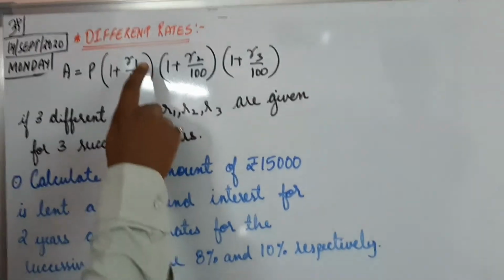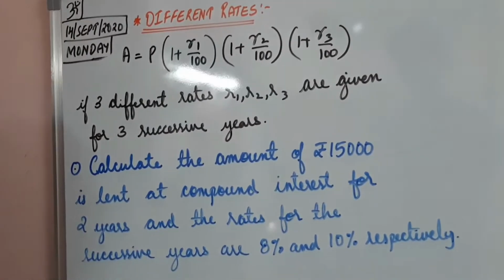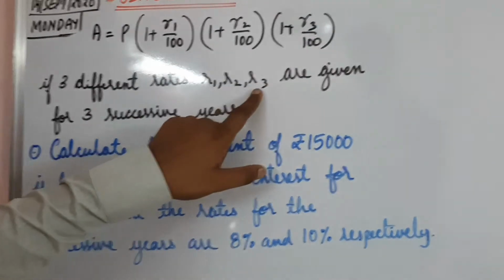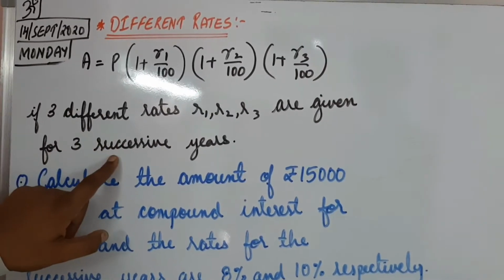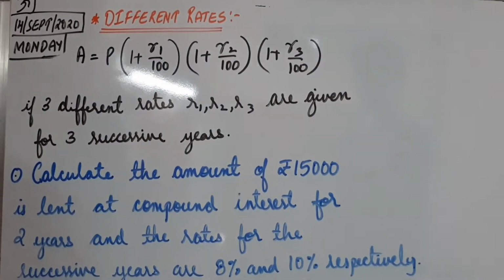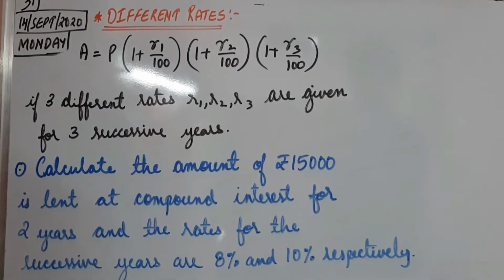Now students, what are R1, R2 and R3? They are the different rates, three different rates given for three successive years which come one after the other.